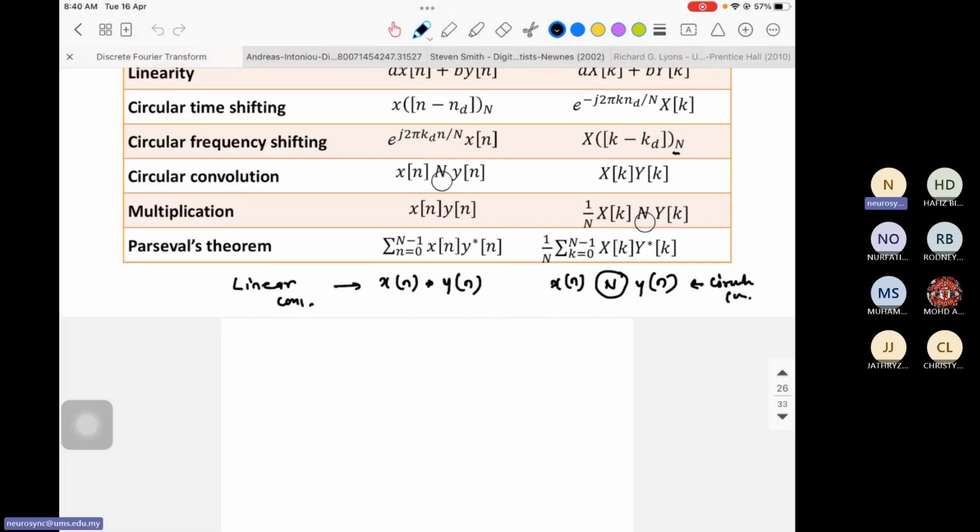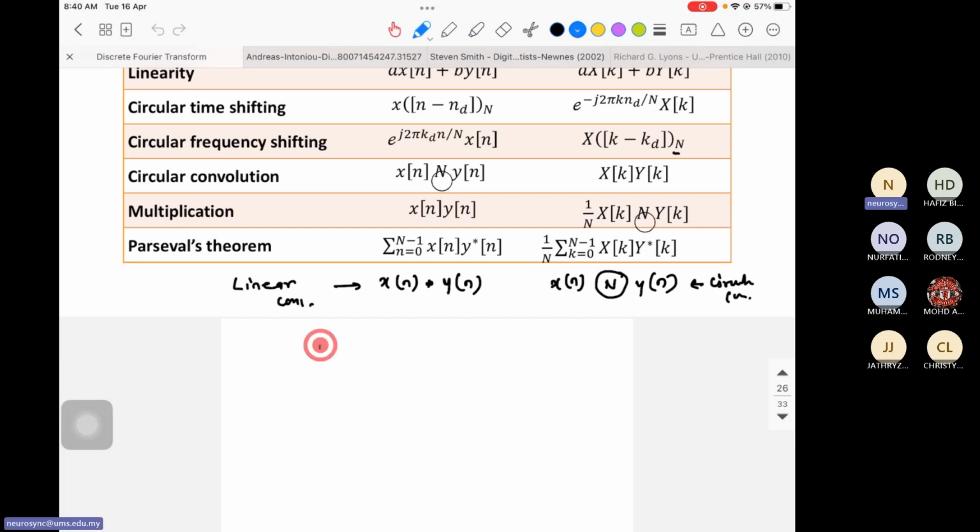Now, how do we write the circular convolution? First we will see how to represent it.